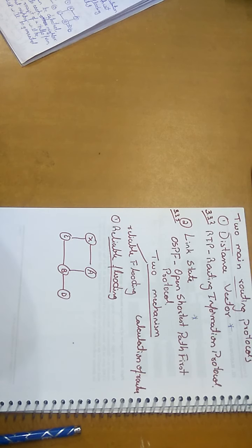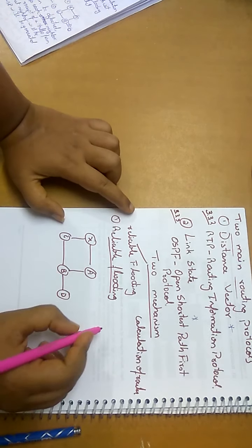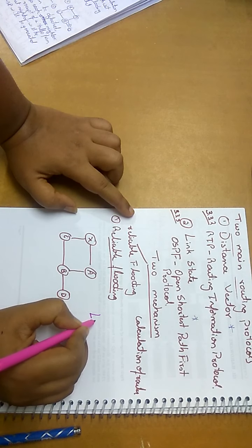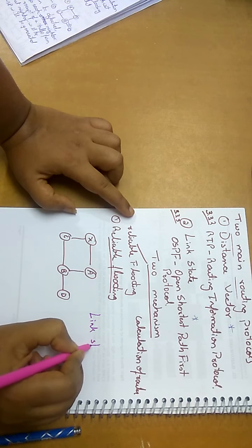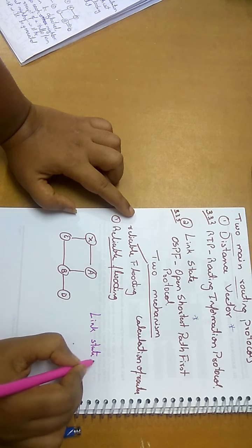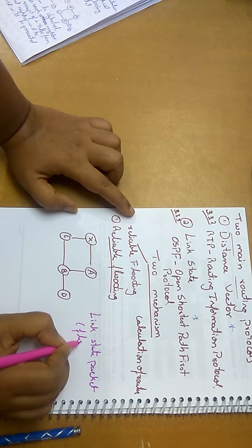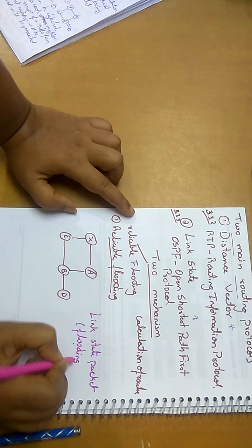How is this information flooded? The packet is called a link state packet. The link state packet is the flooding packet.